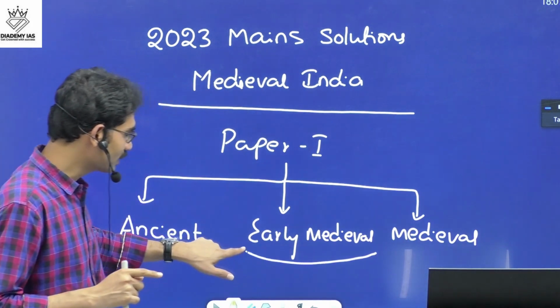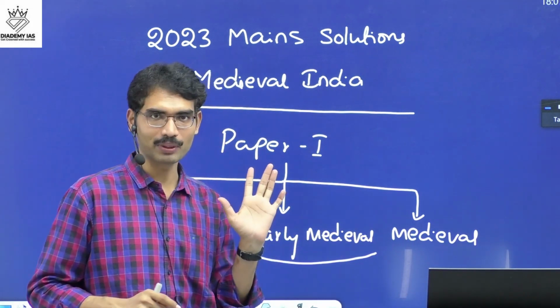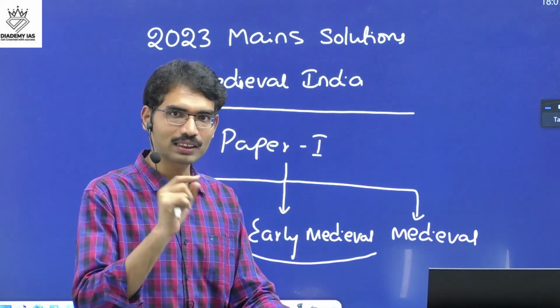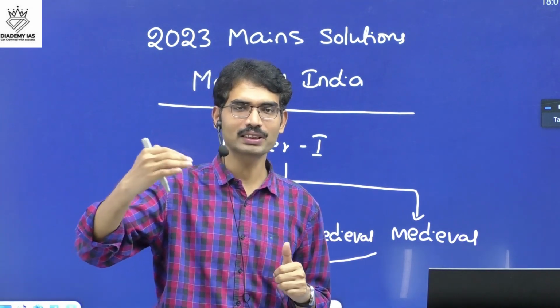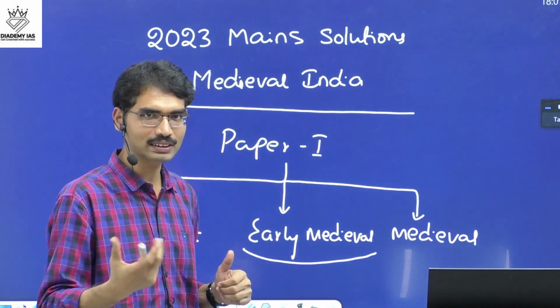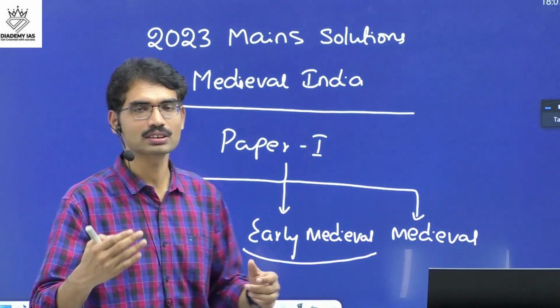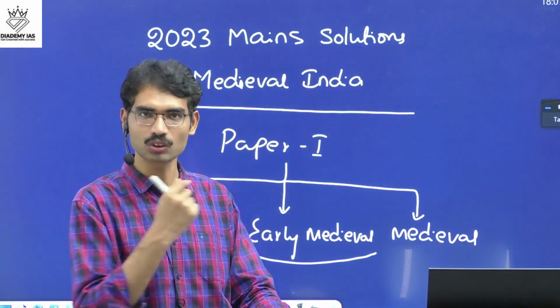One problem is that there is no single specified source for the early medieval part. That is one of the big reasons. The other one is that there are so many kingdoms, segments of kingdoms, and no centralized authority. When it comes to ancient, at least you can study Mauryans, Guptas, and you will definitely get material on them.